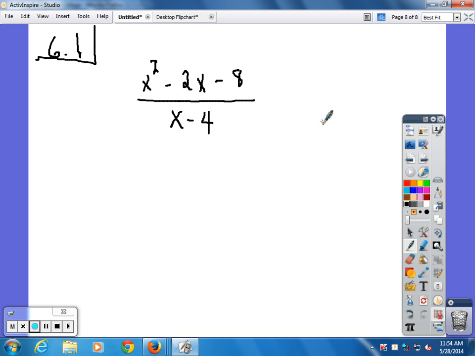So that will break up into parentheses, x, that's what, 2 and 4? We need a negative 2, so that means the 4 has to be negative.